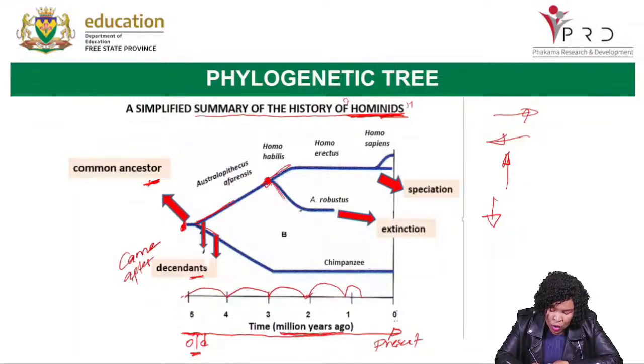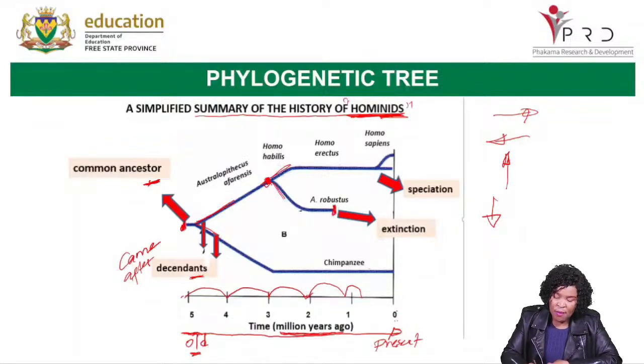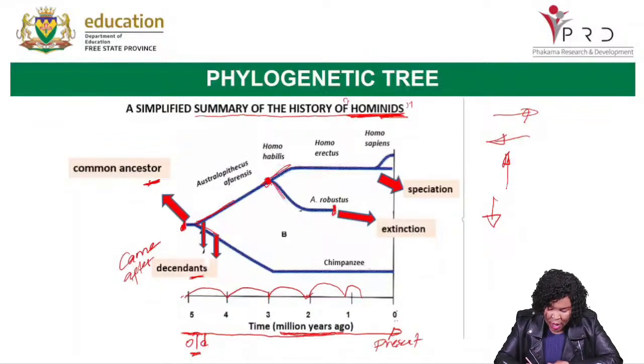And then you get to a point where sometimes some of the lines just stop abruptly. Then you must know when it stops, where it has stopped. That shows that the organisms or the species have become extinct. That will tell you that this is extinction.